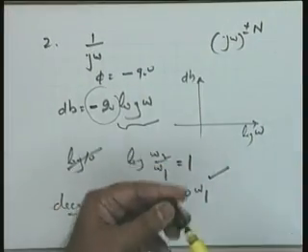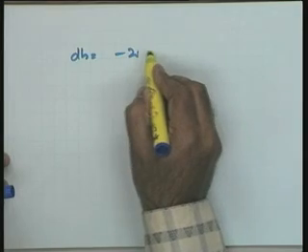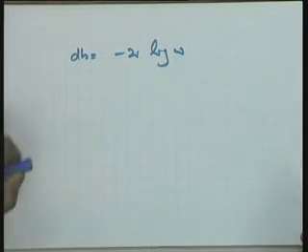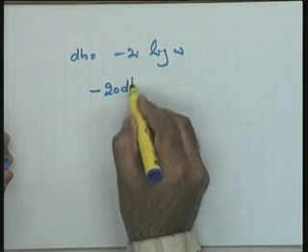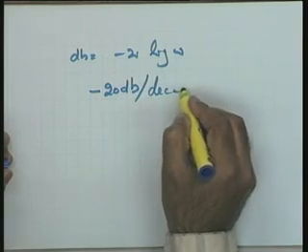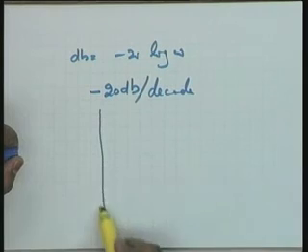So on semi log paper, dB equal to minus 20 log omega is a straight line with a slope of minus 20 dBs per decade of frequencies.